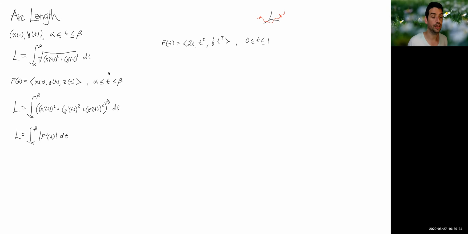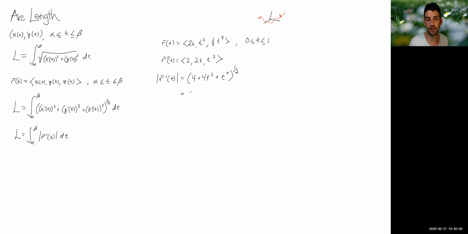So what do we need? Well, we need the derivative of r. We get 2, 2t and t squared. We need the magnitude of the derivative. So I take each of these component functions and square them. So I'll get 4 plus 4t squared plus t to the 4th, and then I need to take the square root of all of this.